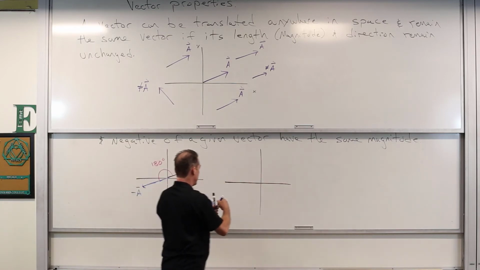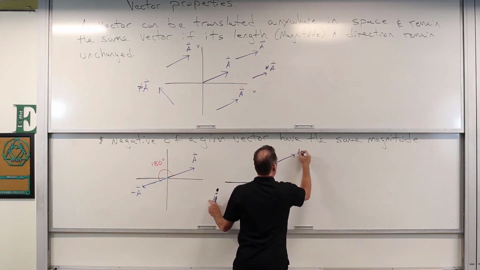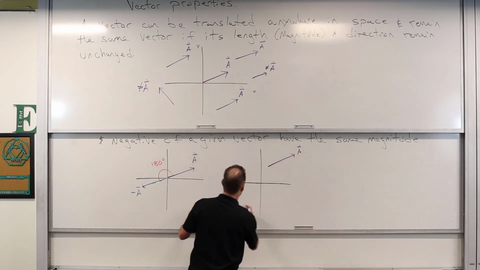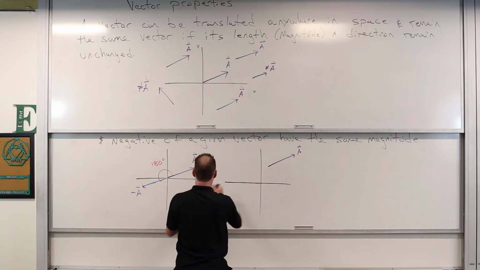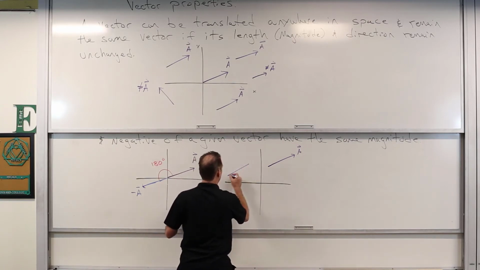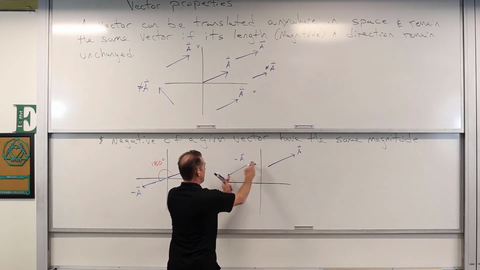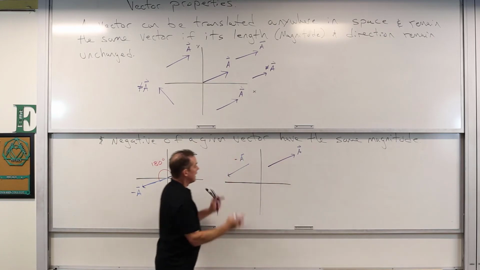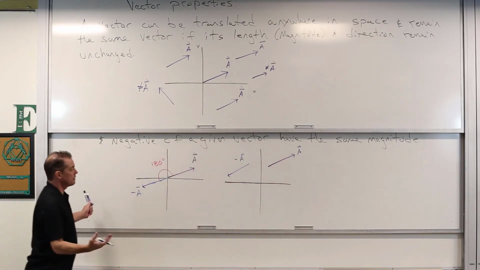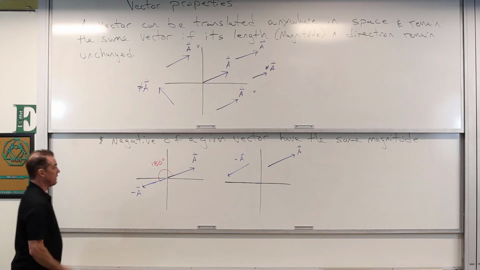I could have my A hat over here, and negative A hat over here. As long as they have the same magnitude, length, and they point in opposite directions, we're good. So those two would specify A hat and negative A hat.